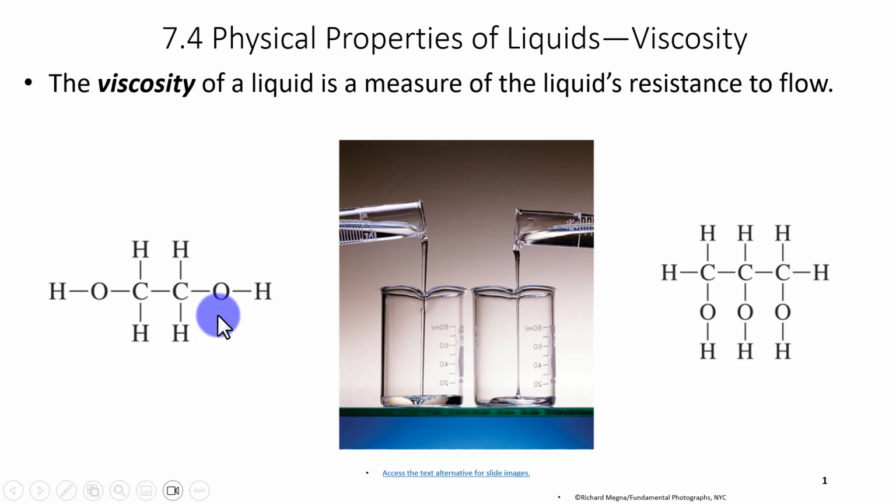And not only that, but they can hydrogen bond because they have an oxygen that's directly bonded to a hydrogen. The difference, though, is that this molecule can hydrogen bond in two places, so can double hydrogen bond, if you will, whereas this molecule has three OH groups, which means they can hydrogen bond in three places. Therefore, its intermolecular forces are stronger than this molecule, and because they're stronger, this molecule here is going to be more viscous.